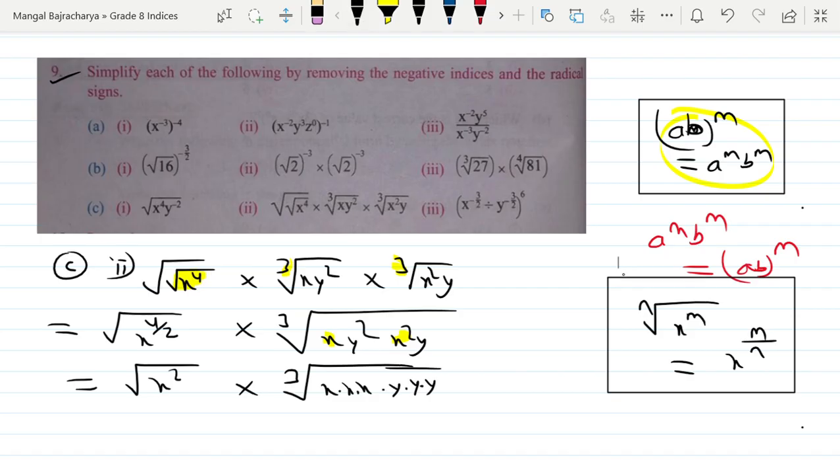So this way, the square root of x square is a single x, and the cube root of x cube is the same x. And the cube root of y cubed, for their product we can write a single y. So this will give you x square into y. We're done with the second number, and now we go with number 3.